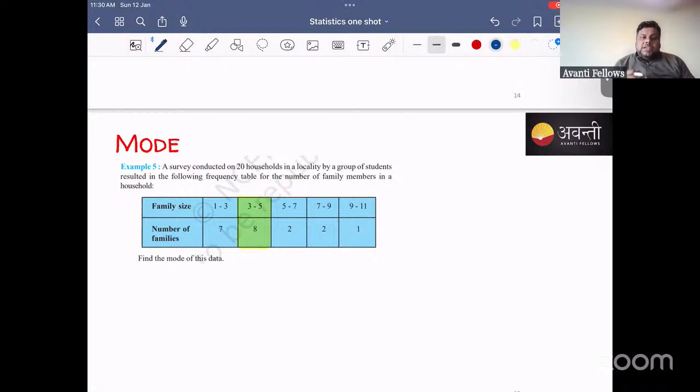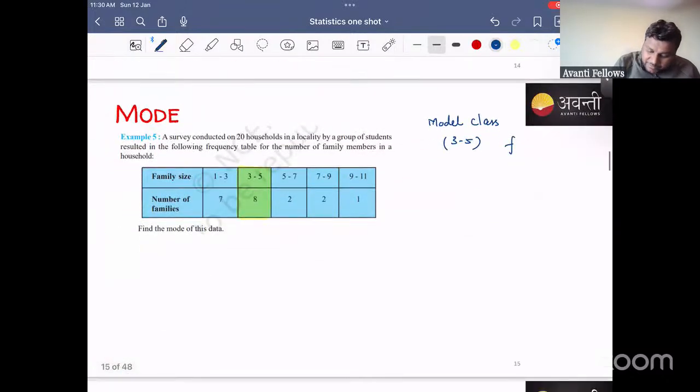Family size 3 to 5 has the maximum number of families. So this is your modal class.